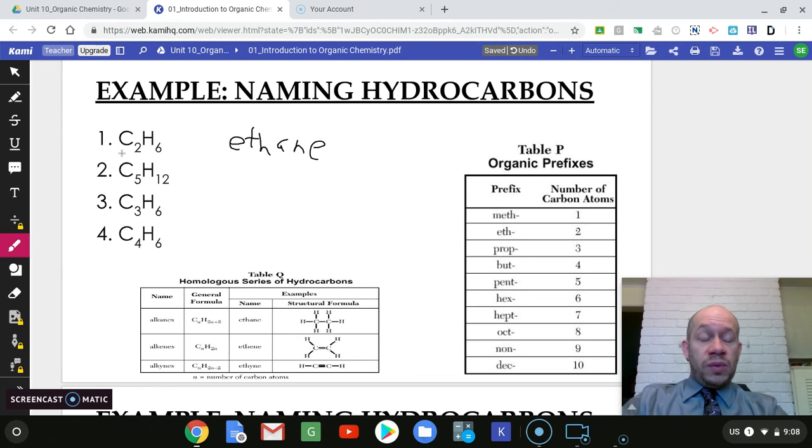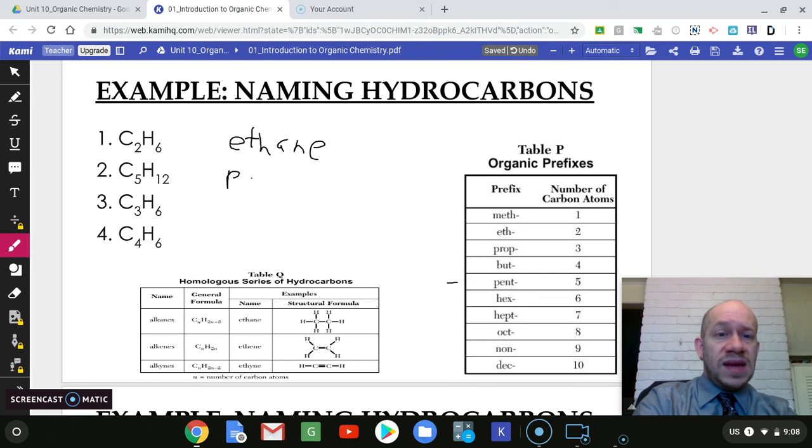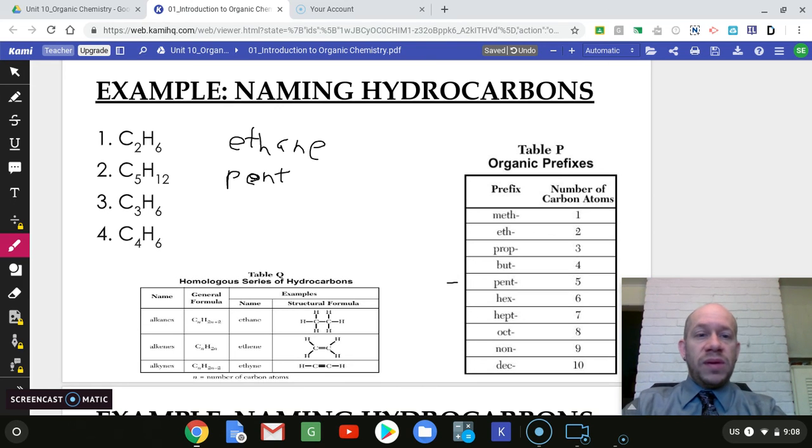Same rule steps. 5 carbons makes it a pent. So this is a pent. Is 12 double 5? No. Is it more than double? Yes. Therefore, it's an alkane. So this is pentane. Carbon 3, that's a prop. Is 6 double 3?